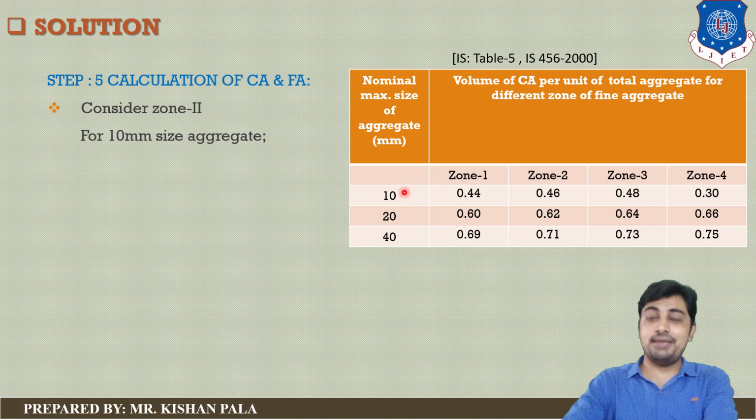the nominal maximum size of the aggregate, and the other columns show the volume of coarse aggregate per unit of total aggregate for the different zones of the fine aggregate.